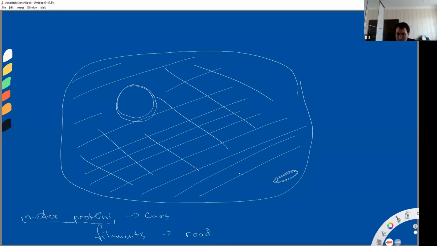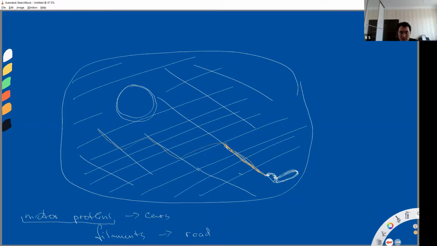So one motor protein takes this mitochondrion and starts moving across this filament, and it moves to the destination place.